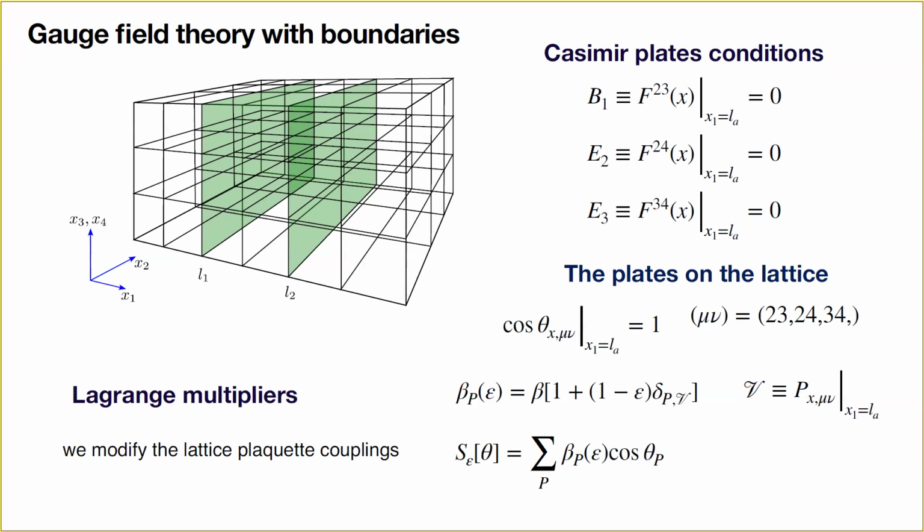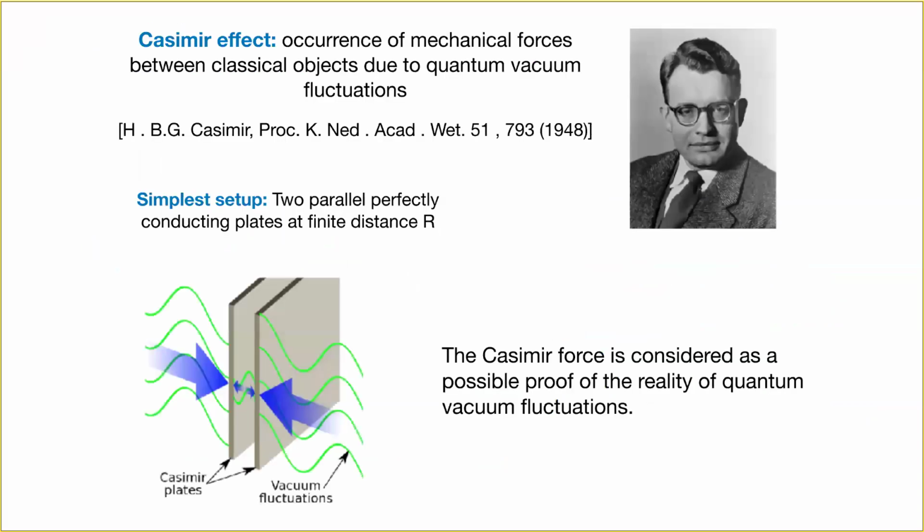Then we obtain some action, and we calculate some observables with some finite beta, and then take the limit of epsilon to get the correct value of beta, which makes the plate contribution of the plaquette go to 0. So this is one of the examples of how we introduce inhomogeneity on our lattice. Then we can manipulate beta, because beta fixes two things: the relation between the interaction and the scale of the lattice.